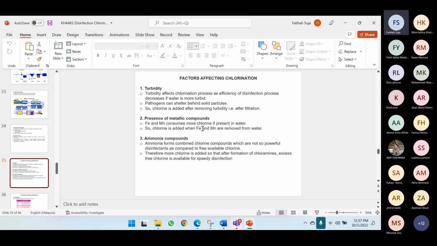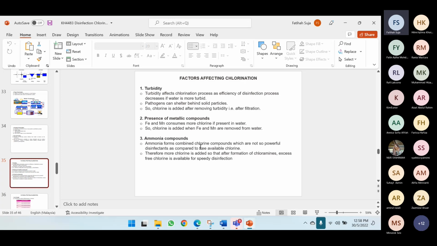Let's say if you see that your water source has ferrum and manganese in its characteristics, then you need to remove them before you do your disinfection process. Otherwise, it will take up more chlorine, and you have to provide extra than what is needed. Okay. Ammonia compounds.